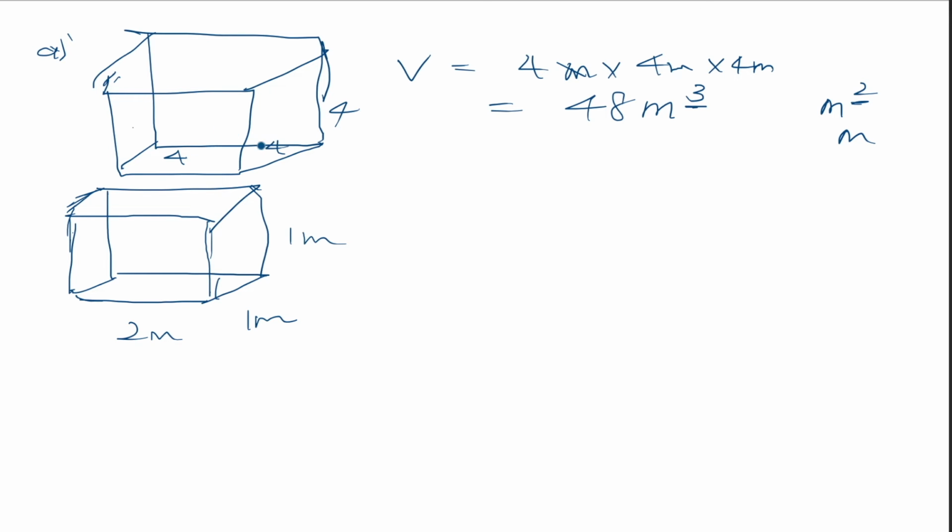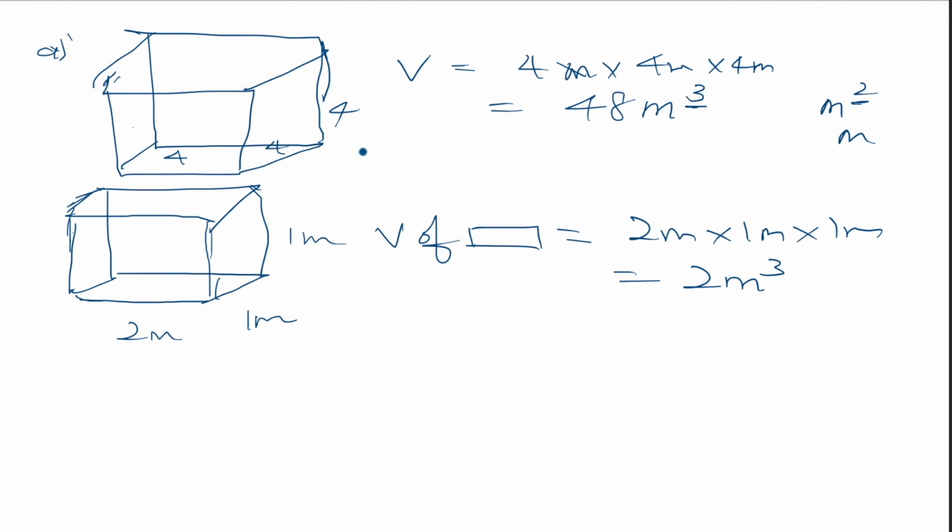And then what is the volume of this rectangle? You have 2 meter times 1 meter times 1 meter, and then we'll have 2 meter cube. It's asking you what fraction of the water in the cubical container has been poured out.